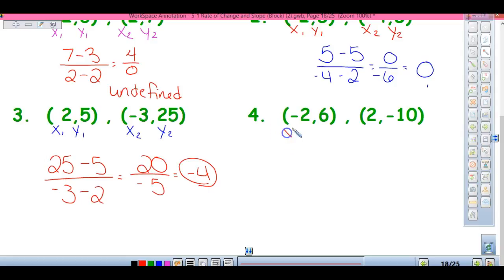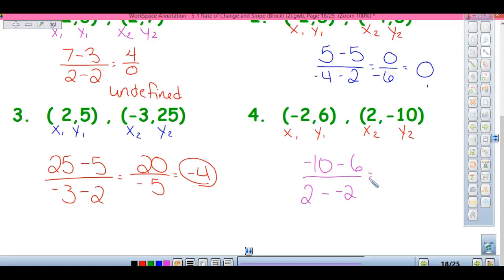Okay, x1, y1, x2, y2. Amber, what do I start with? Negative 10 minus, looking for y1, 6, you bet. Over Alex, minus Hallie. Okay, so 2 minus negative 2. There you go.